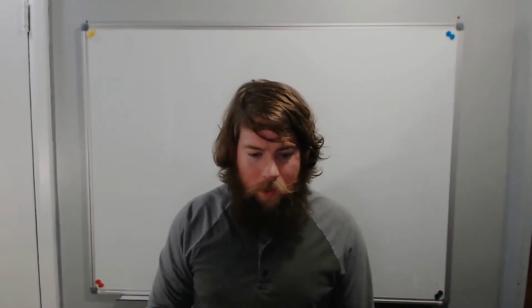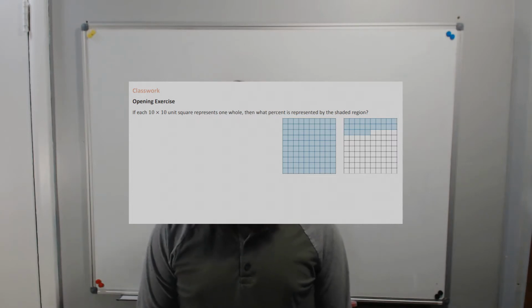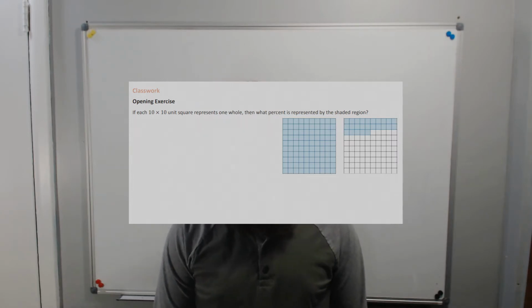Okay, so it says, if each 10 by 10 unit square represents one whole, then what percent is represented by the shaded region? Okay, so each 10 by 10 unit square, that's just the two grids they have there. They're both 10 by 10, so they have 100 total smaller squares inside the bigger square.